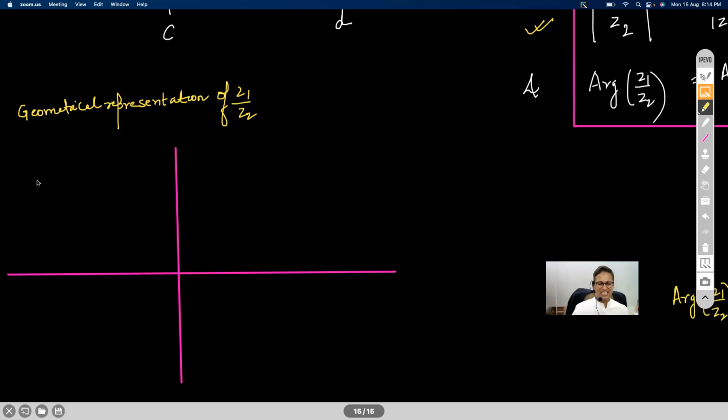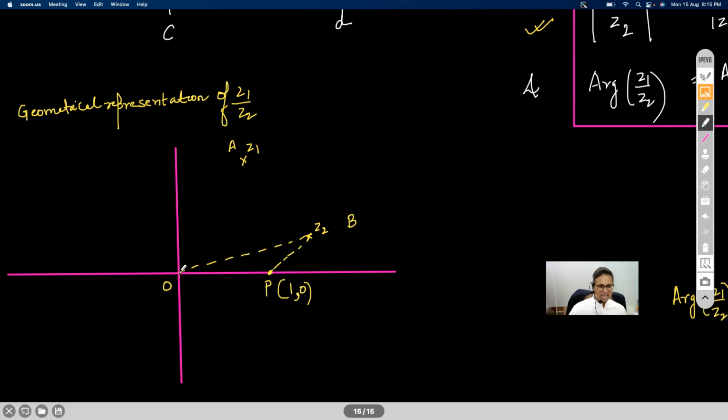Now see, everybody, please pay attention. Very, very important. Let's say this is your Z1 position and this is your Z2 position. If I want to show where Z1 by Z2 is, I'll first make a triangle OBP. Let me call them these points. And what is this P? The same old 1, 0.